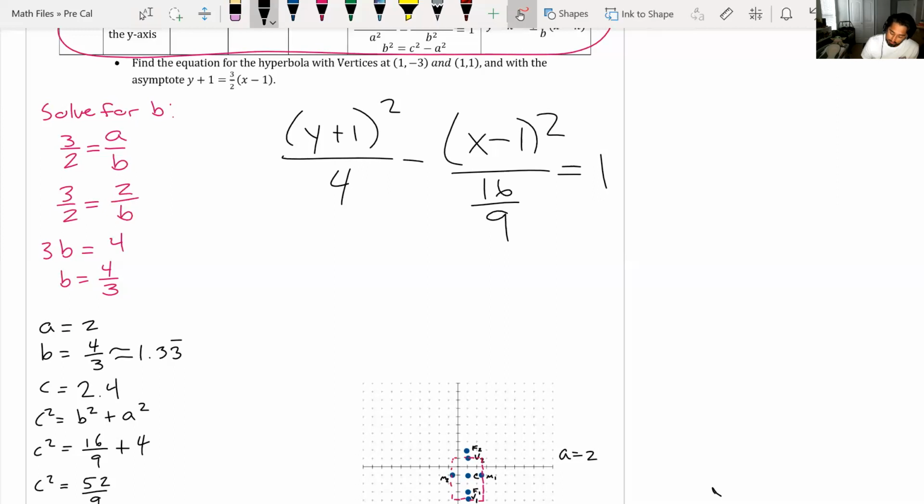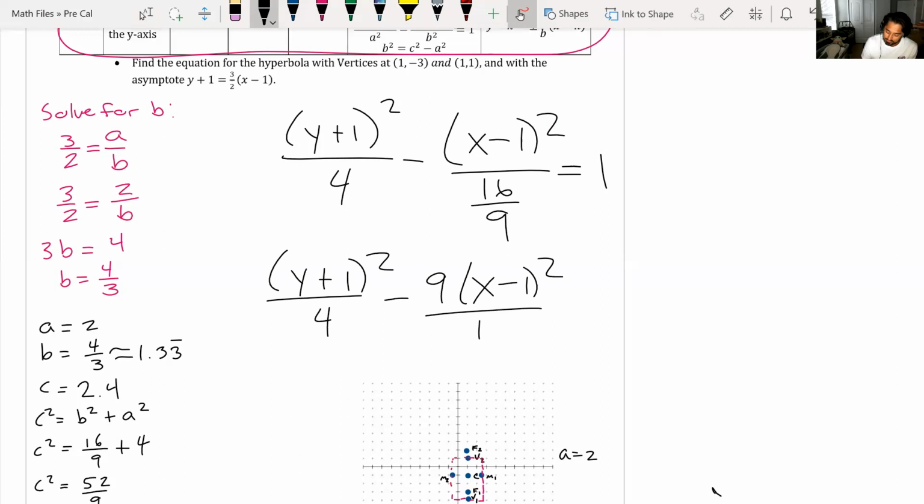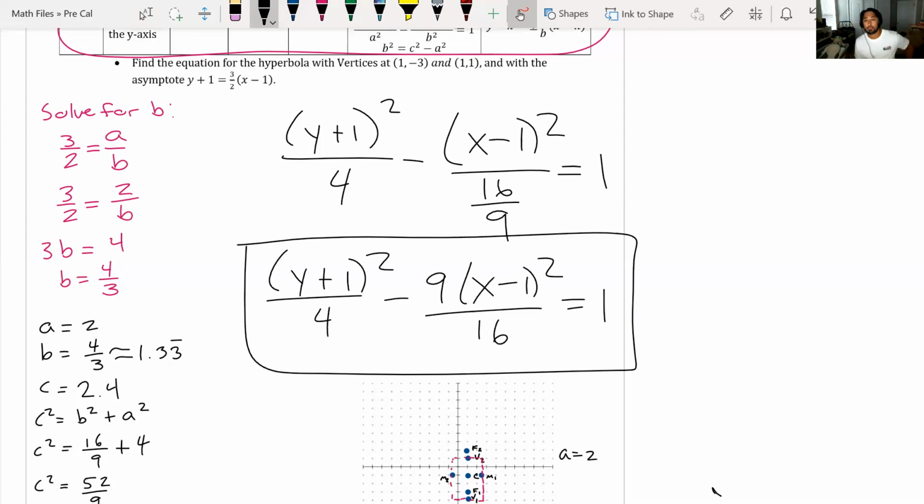So we can do that, and we'll have (y plus 1) squared over 4 minus 9 times (x minus 1) squared over 16 equal to 1. All I did was reciprocate that fraction.